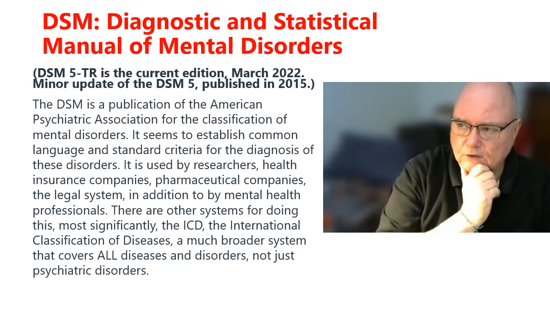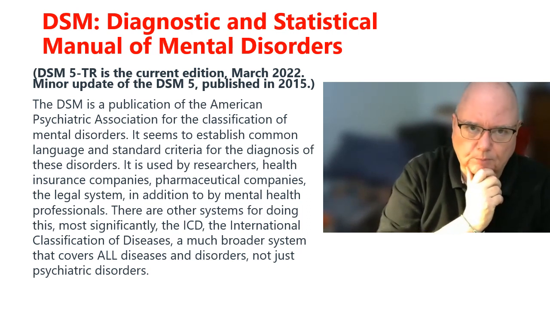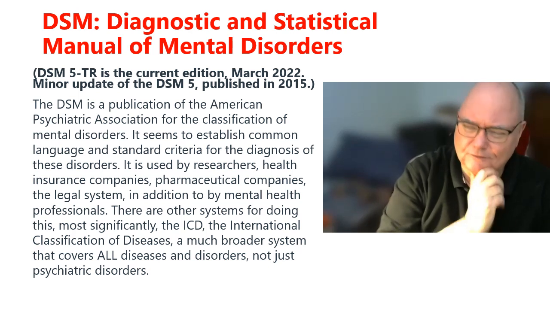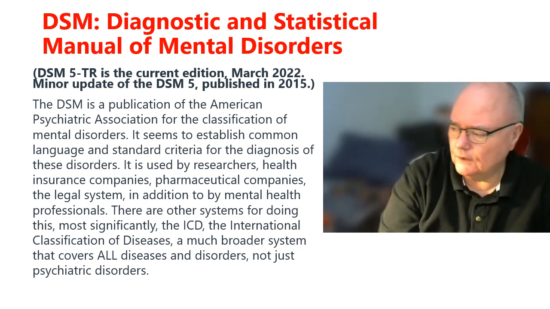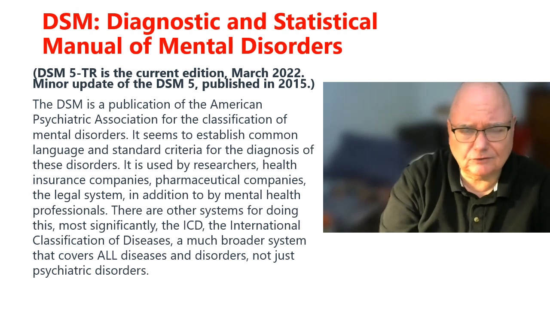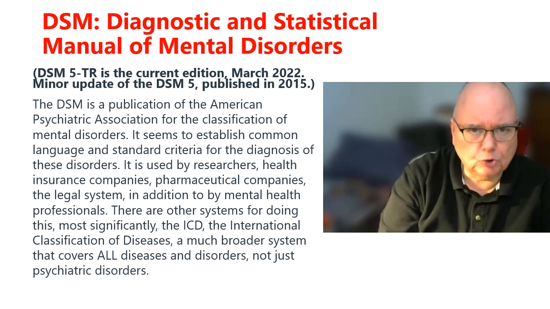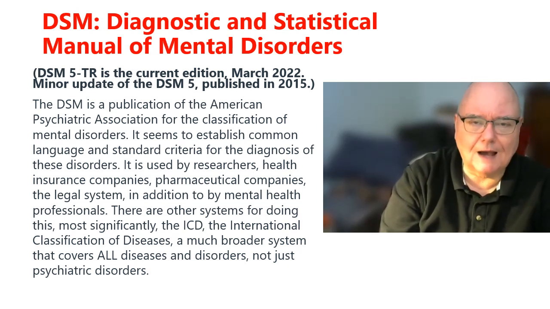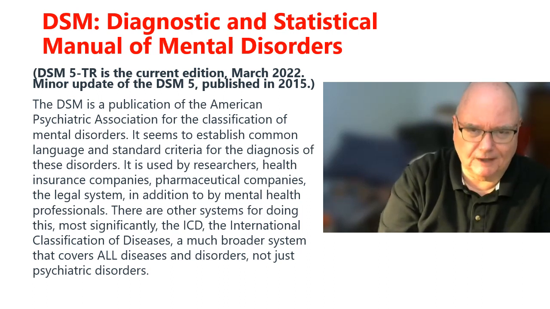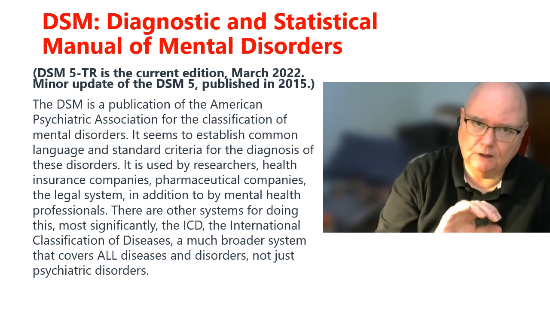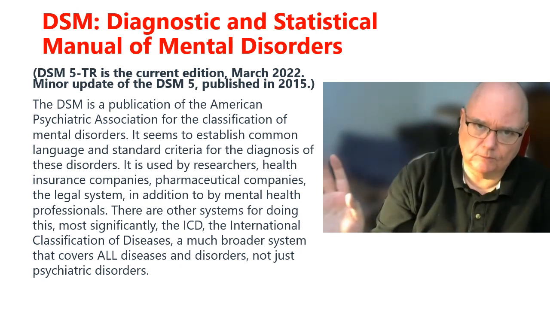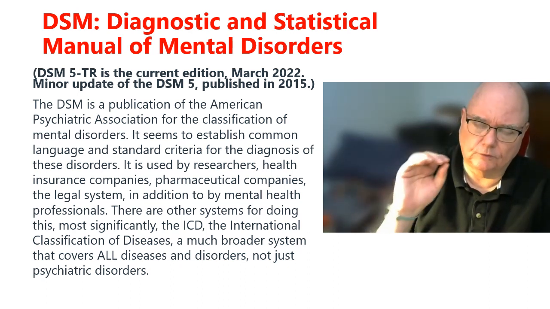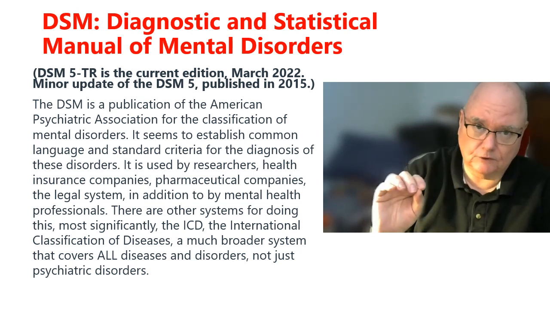So DSM-1 was very short and pretty primitive and published in the 1950s, or like 1952. And then sometime I think in the 1960s, the DSM-2 was published. That's the one I was trained on in graduate school. And then shortly after that, DSM-3 came out. The DSM-3 was kind of a major jump forward in terms of our understanding of these disorders.